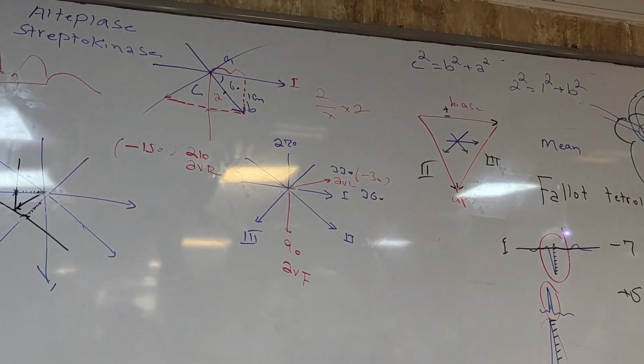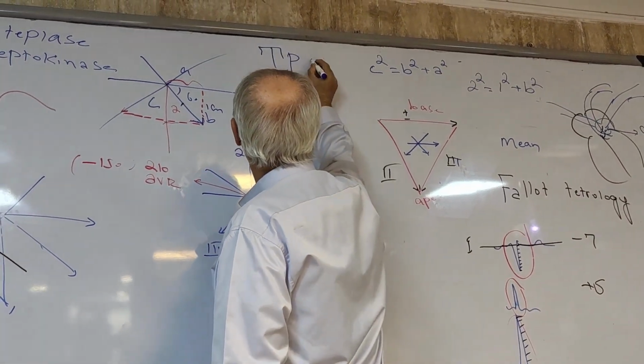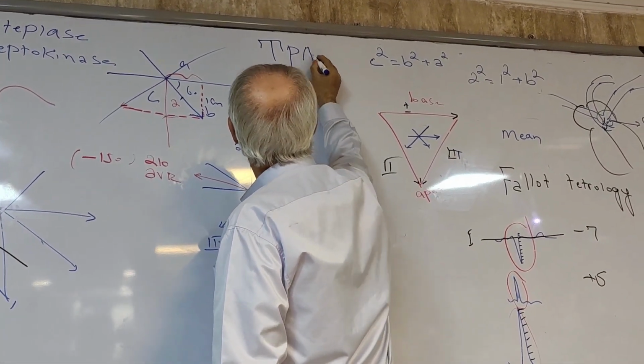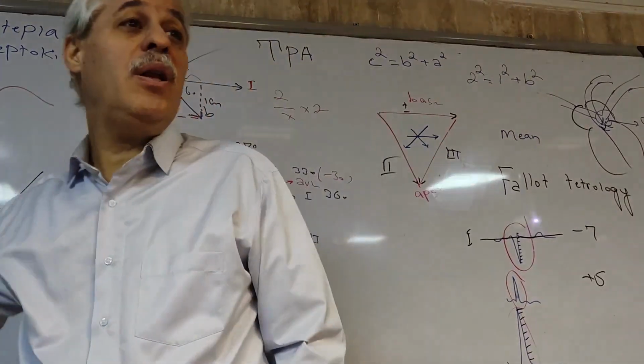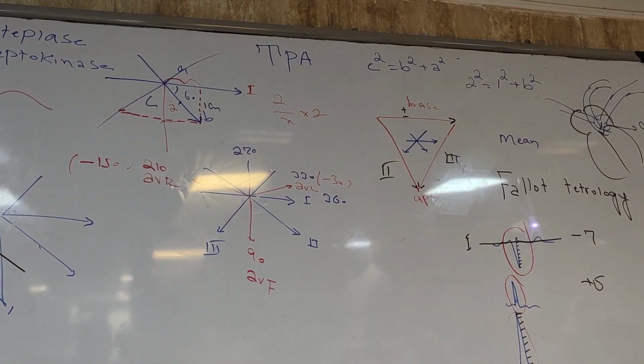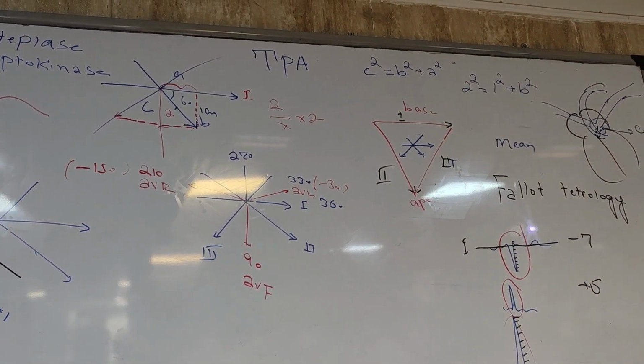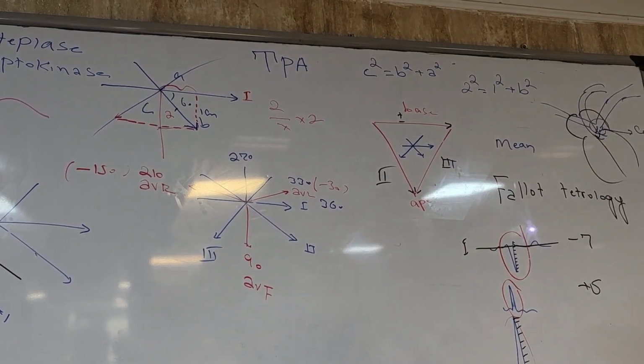In the brain, we use TPA, tissue plasminogen activator, which is normally found in the body. We extract it from the normal body as a drug. Then there is a clot in the brain.